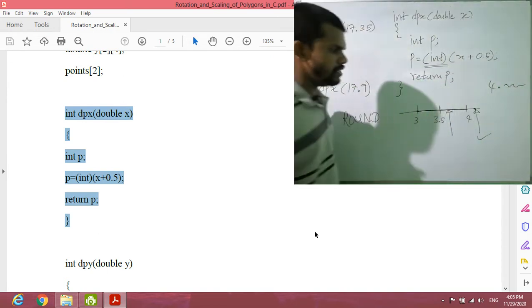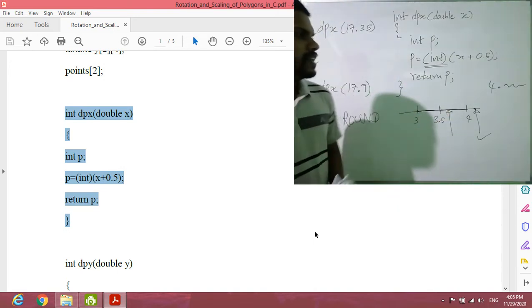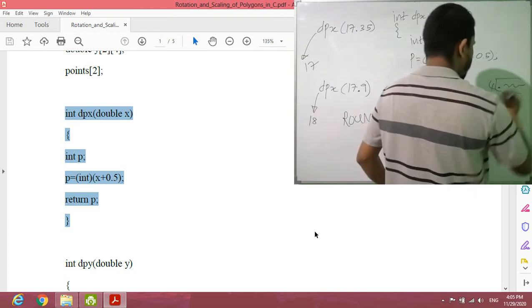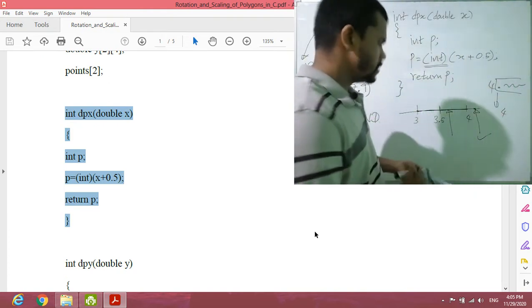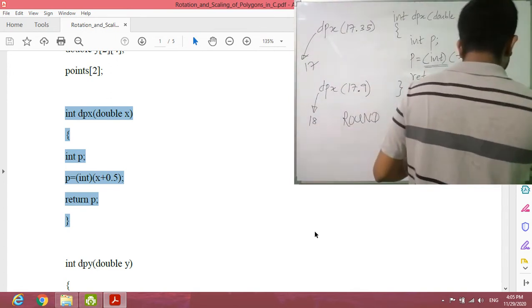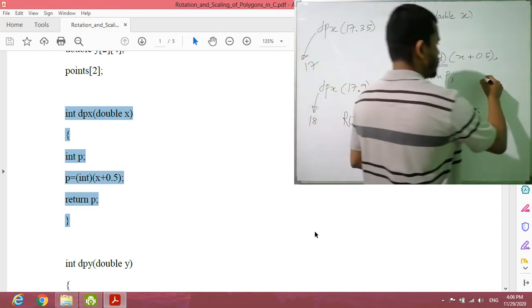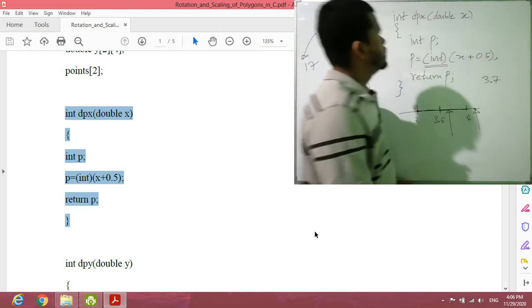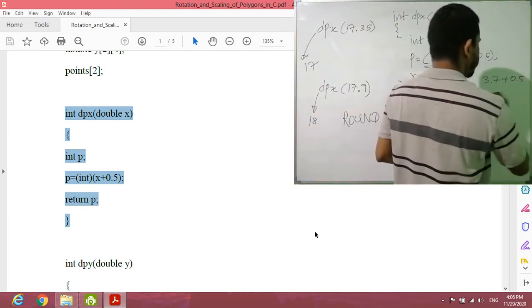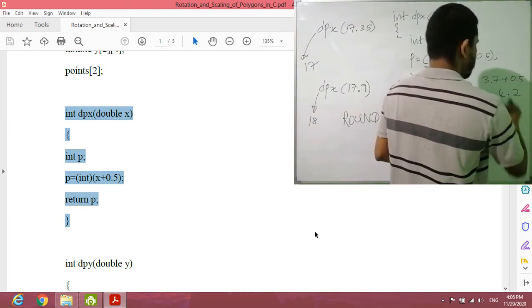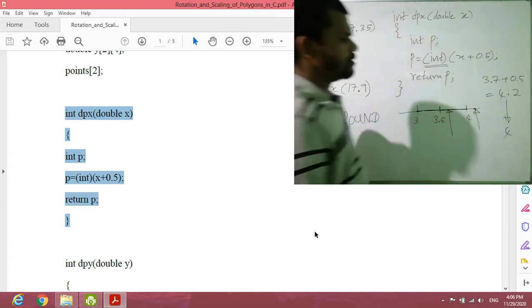If you discard the fractional part, you will get 4. You have to understand it in this way. Let's say we have 3.7. We pass 3.7, then we add 0.5 to it, giving 4.2, then discard the fractional part, and you will get 4.